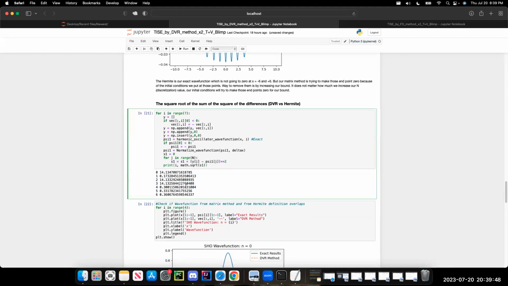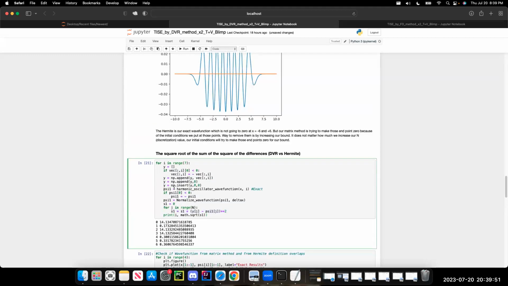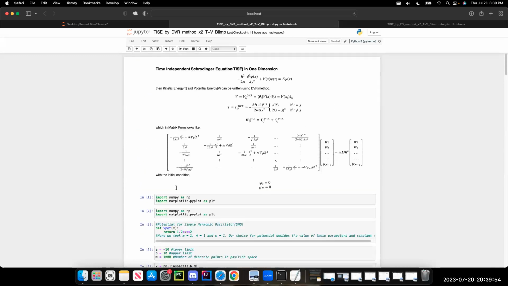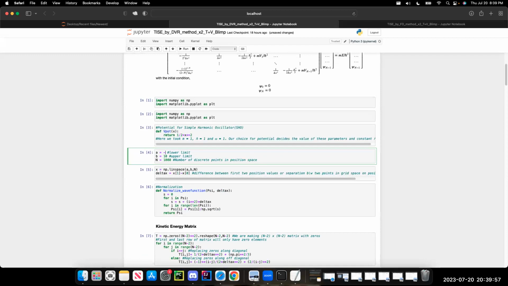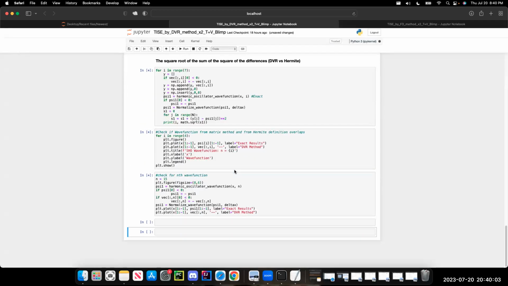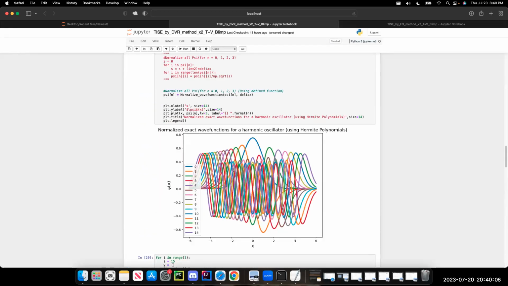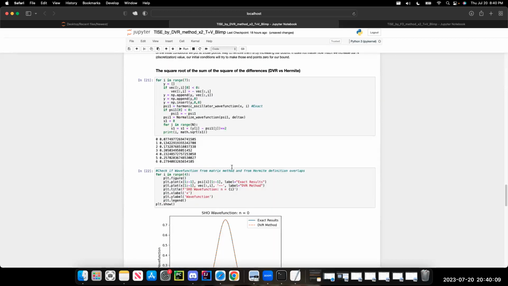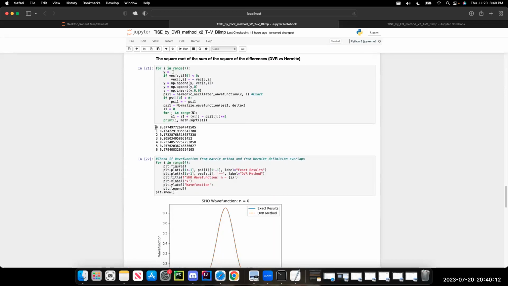And then what we have here is, let me go ahead and change back to 6. As we go out, we do see discrepancies, obviously, but on a smaller window, we have results where the discrepancy, really a measure of the difference between the DVR and the exact, is very close to 0.